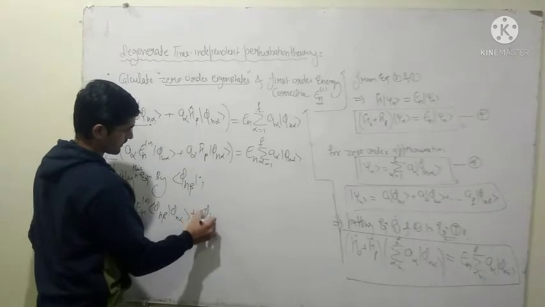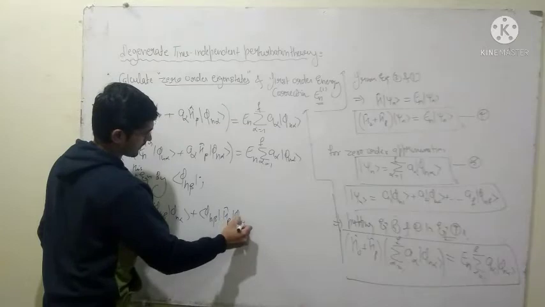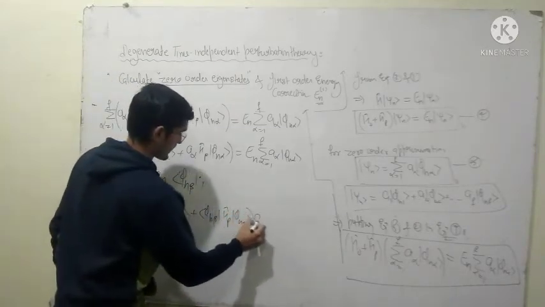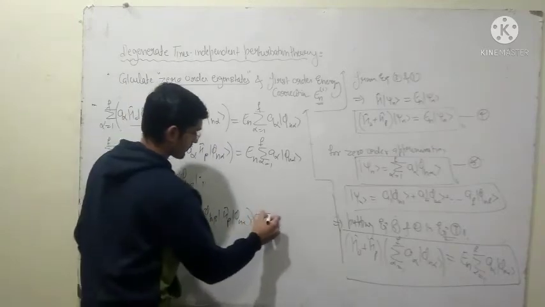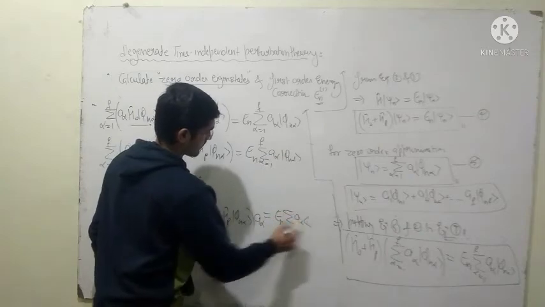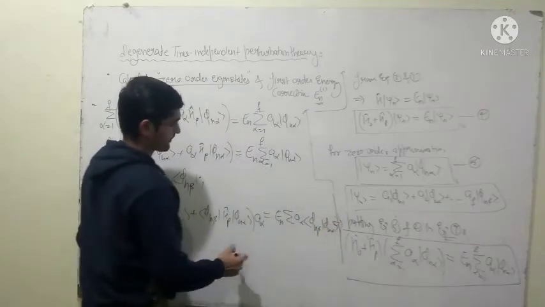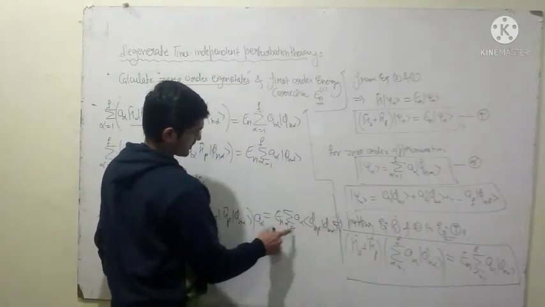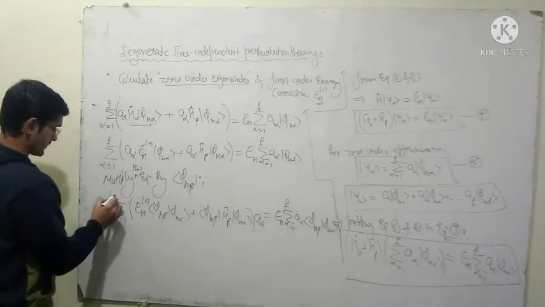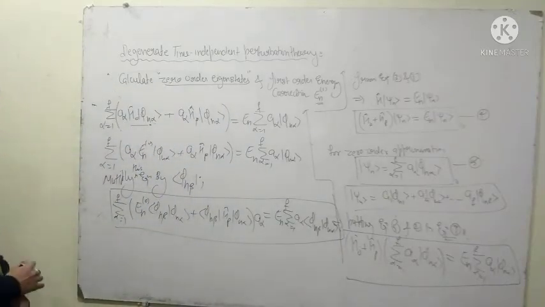Again, here it will be phi n beta H p phi n alpha, and the common quantity is taken out, equal to E n, and the summation of a alpha phi n beta phi n alpha over alpha from 1 to f. So this is the equation.